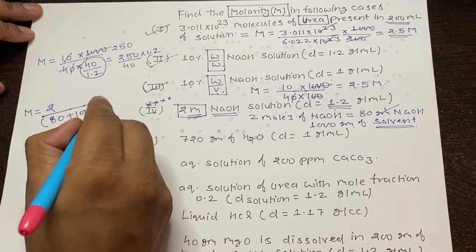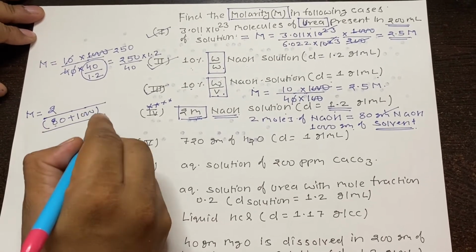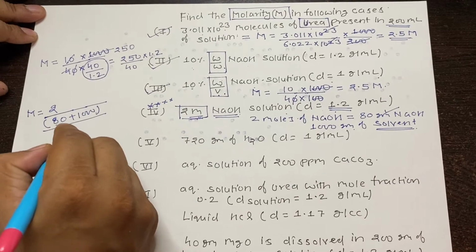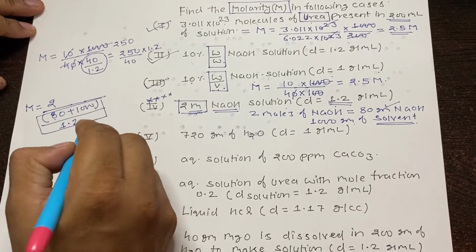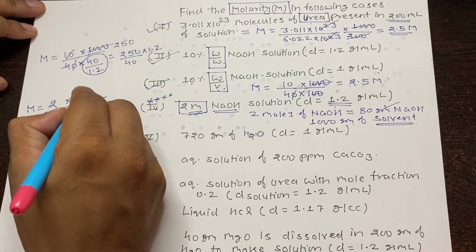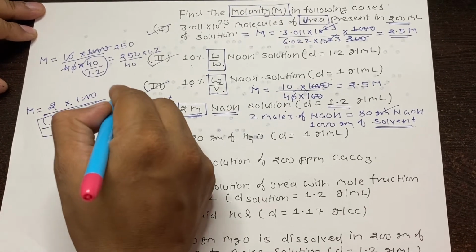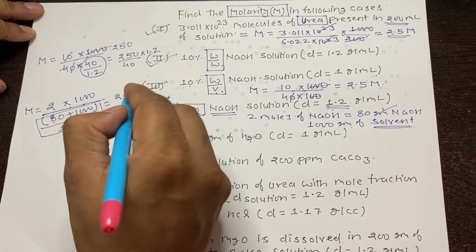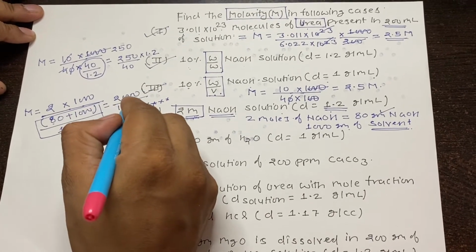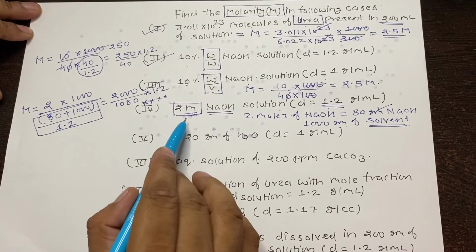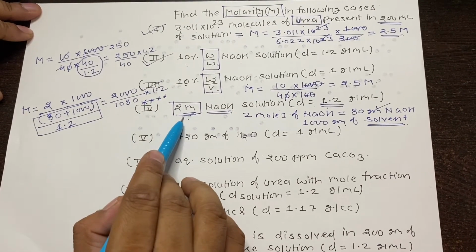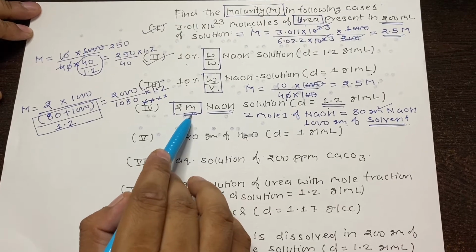This is the mass of solution, divided by density, which is 1.2. This will represent the volume of solution. So what is the final equation? It will be 2000 divided by 1080 into 1.2.